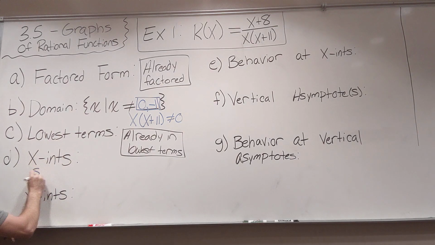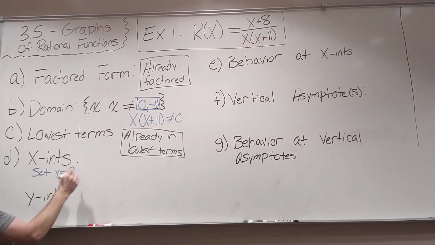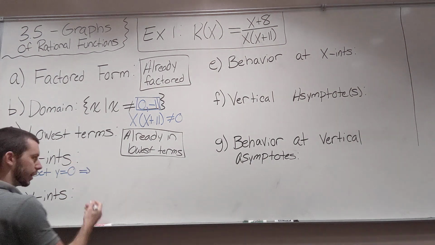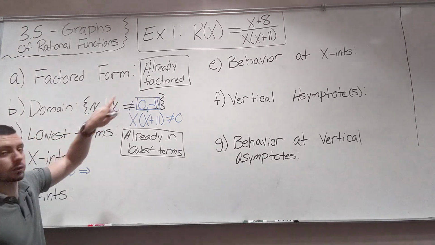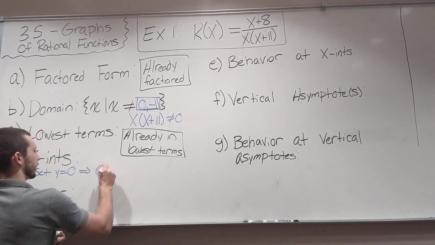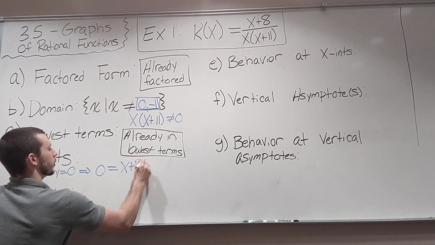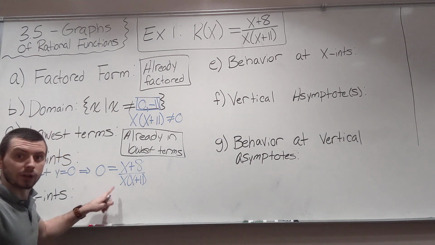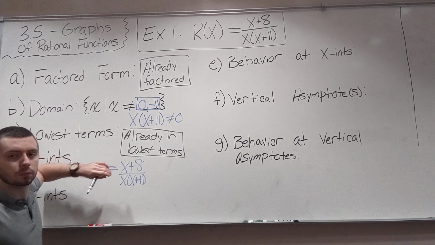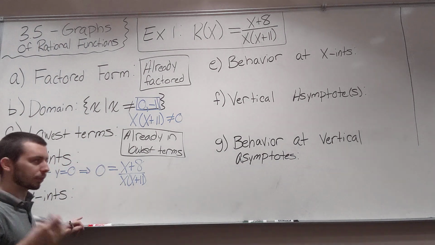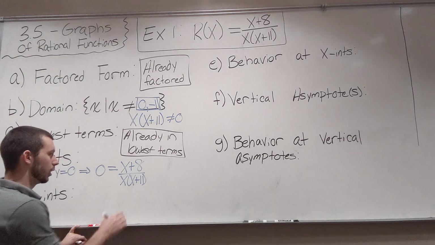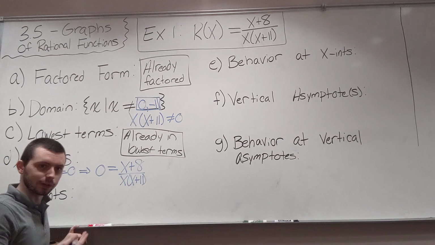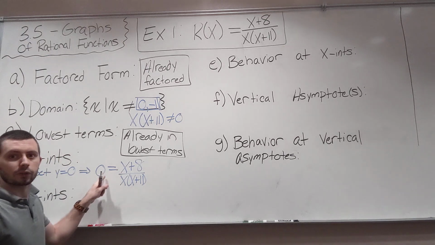We set y equal to 0, and we're solving for x. Remember, the rational function's all the way up there. We set the function equal to 0. When we clear out the denominator, which is something we're typically used to doing, the denominator times 0, whether you use cross multiplication or the LCD, you will just get that the numerator is equal to 0.